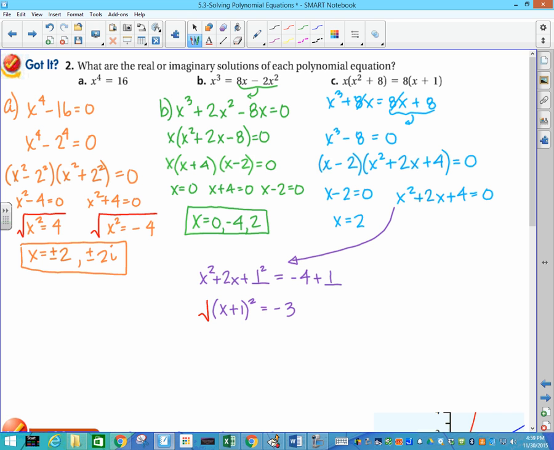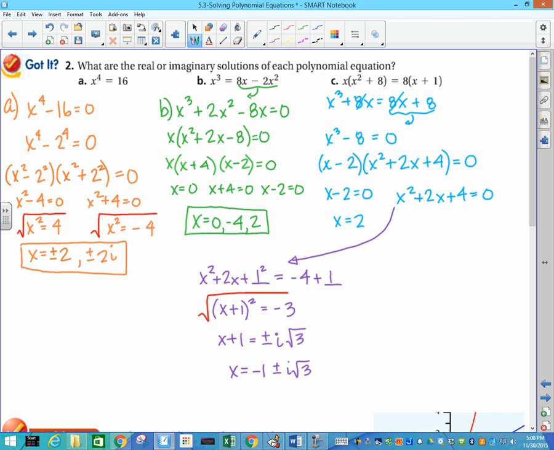And then I take the square root of both sides, and x plus 1 equals plus or minus i, because of that negative, square roots of 3, because that's not a perfect square. And so I'm going to end up with x equals, take that over to the other side, negative 1 plus or minus i square roots of 3.